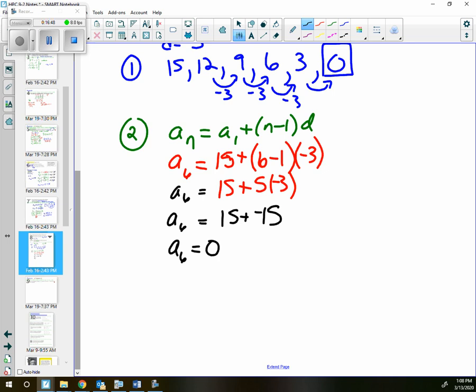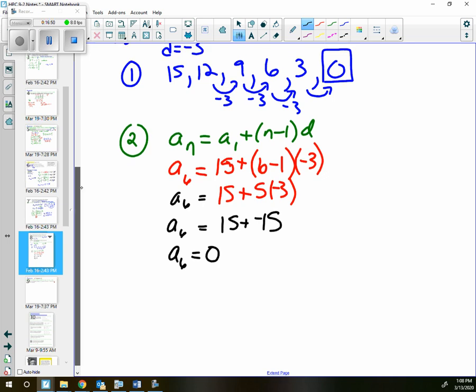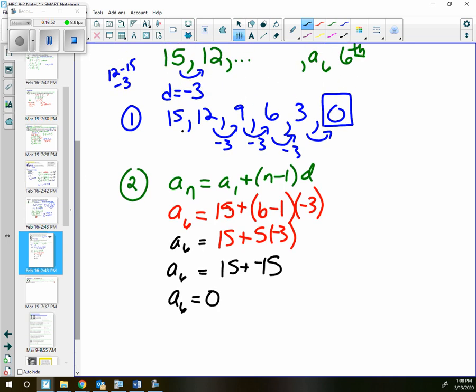So think about what that formula did for you. Instead of having to subtract 3, 1, 2, 3, 4, 5 times, like separately to get to term 6, we subtracted 3 5 times all in one clump. That's the difference between recursion and then using the nth term formula.